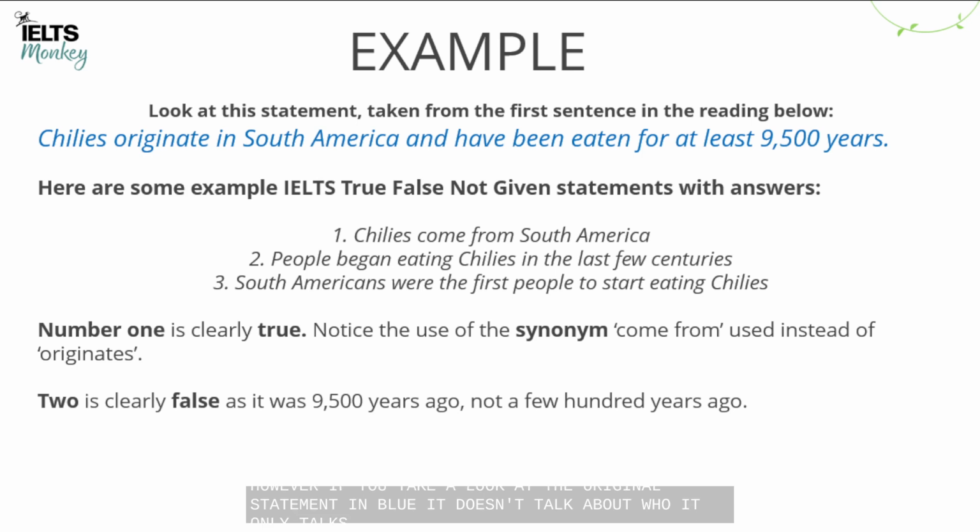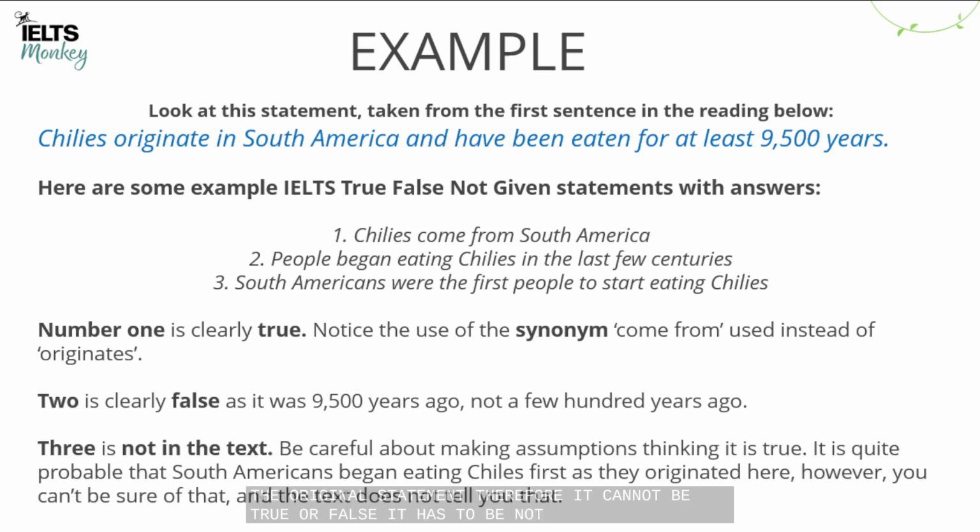It only talks about where and how long. Therefore, automatically, we don't even have to think about it. The answer is going to be not given because the meaning in number 3, answering the question who, is not the same as the meaning in the original statement. Therefore, it cannot be true or false. It has to be not given.